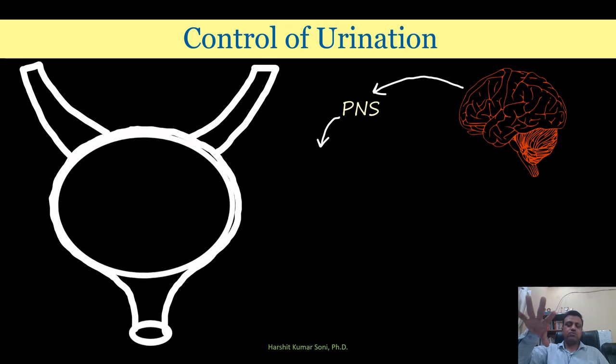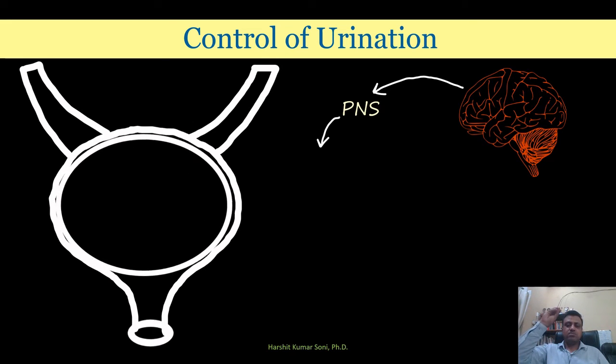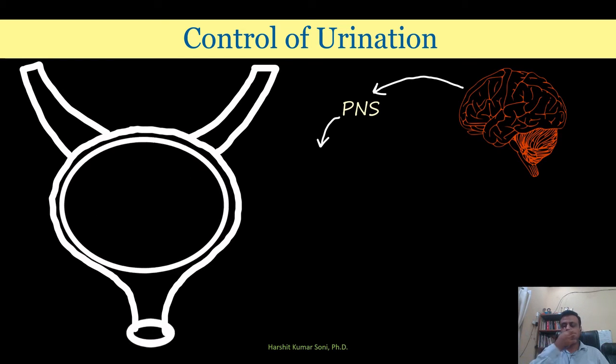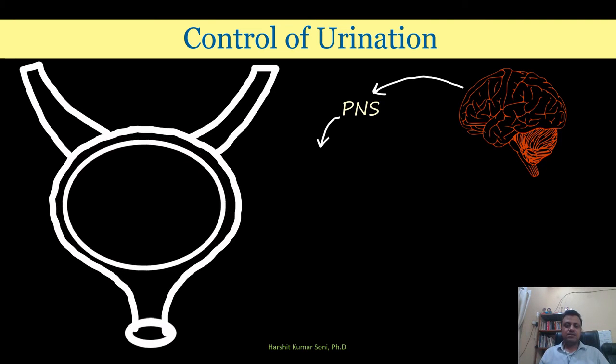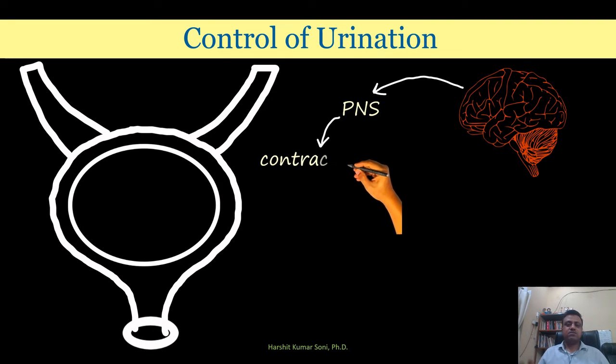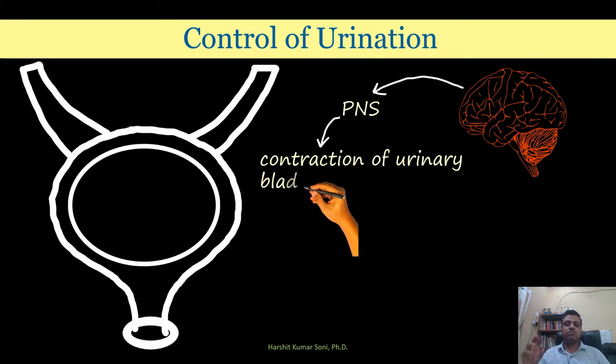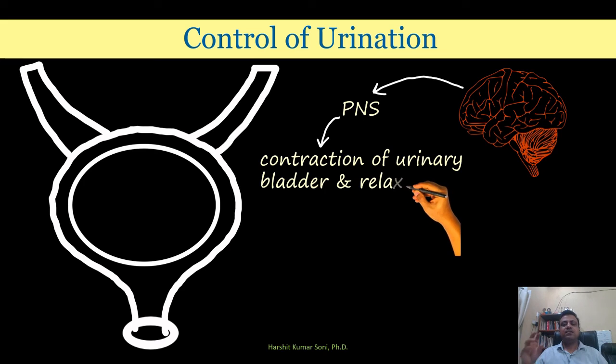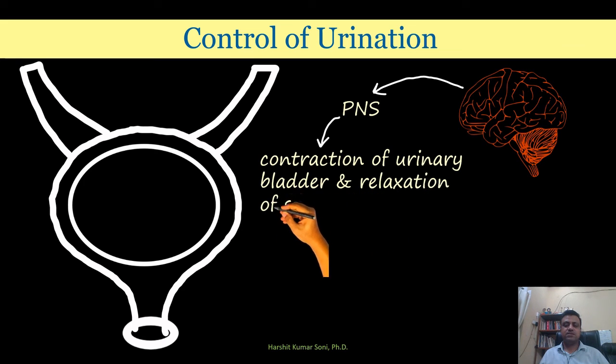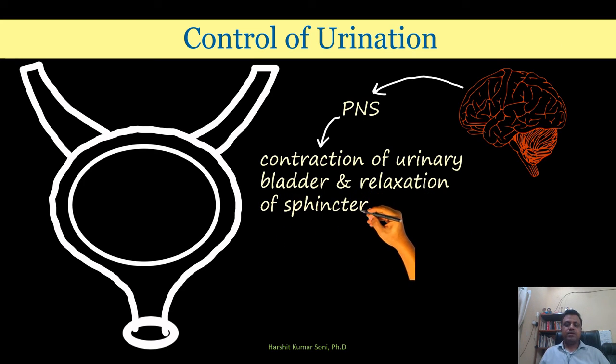It forces the urine to come out. So the micturition or the urination is controlled by the parasympathetic nervous system, which causes the contraction of the urinary bladder muscles and relaxation of the sphincter.